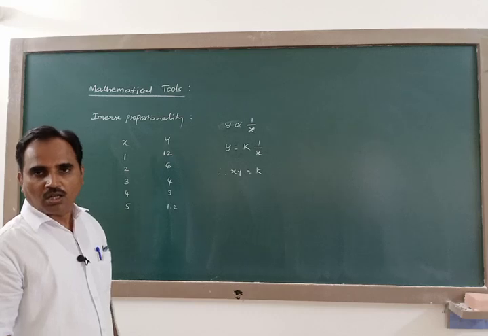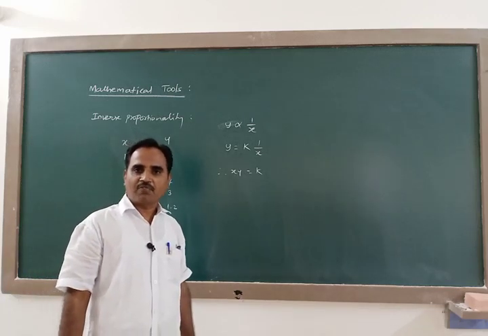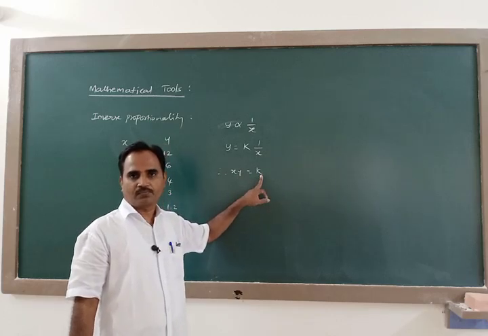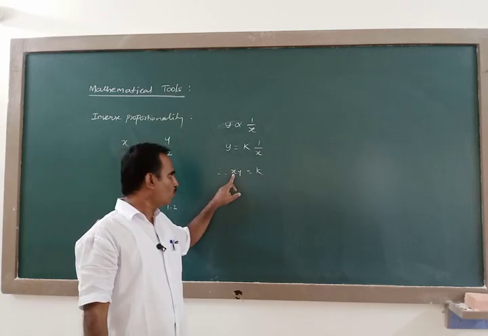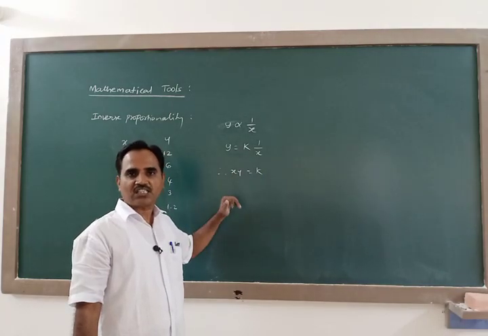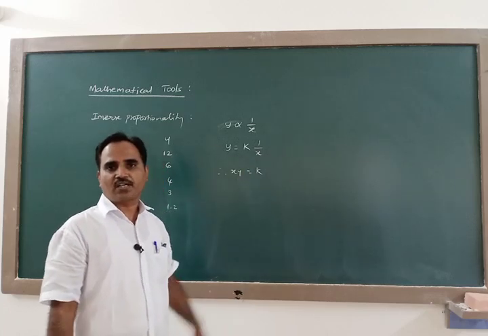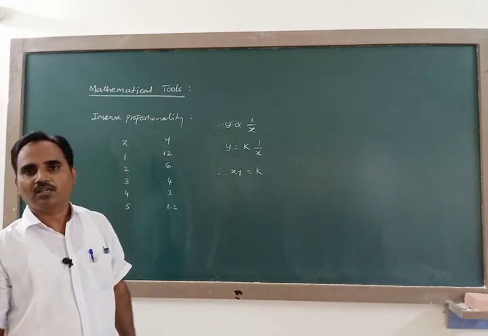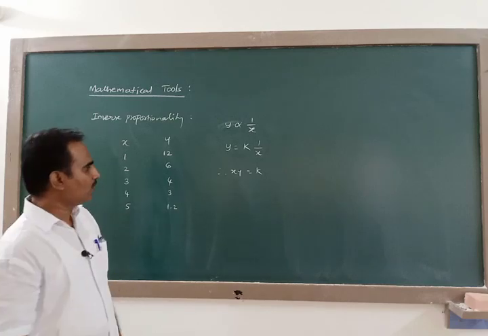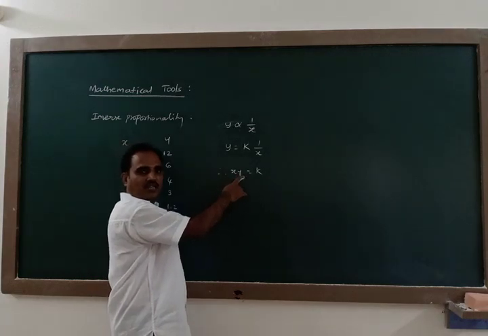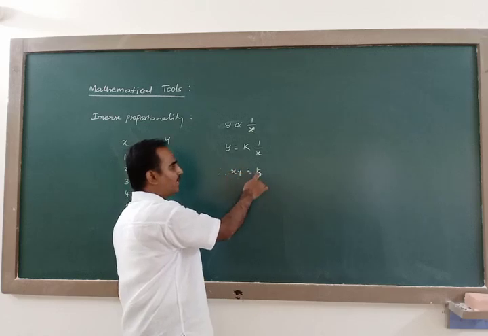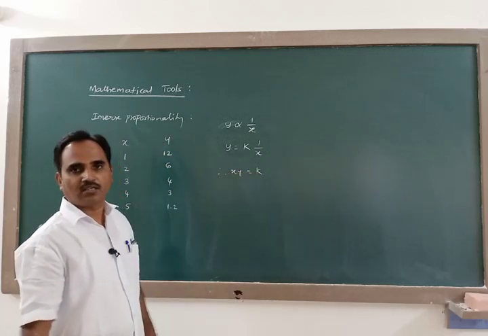So when two quantities are inversely proportional, their product must always be a constant. That means when one quantity increases, the other quantity decreases such that their product always remains constant, then they are said to be inversely proportional. Understand? So when one quantity increases, the other decreases such that their product will be a constant, then they are said to be inversely proportional.